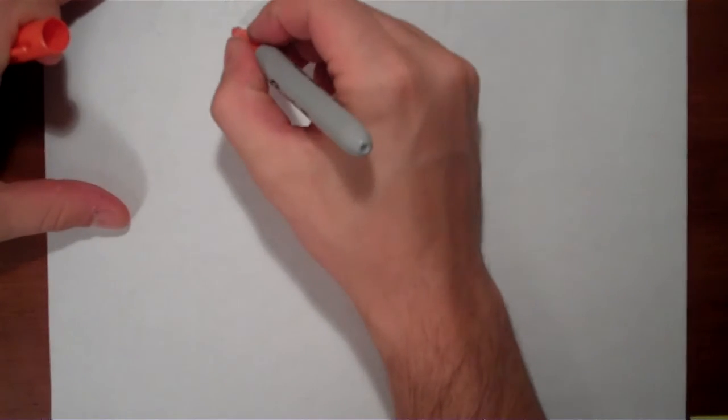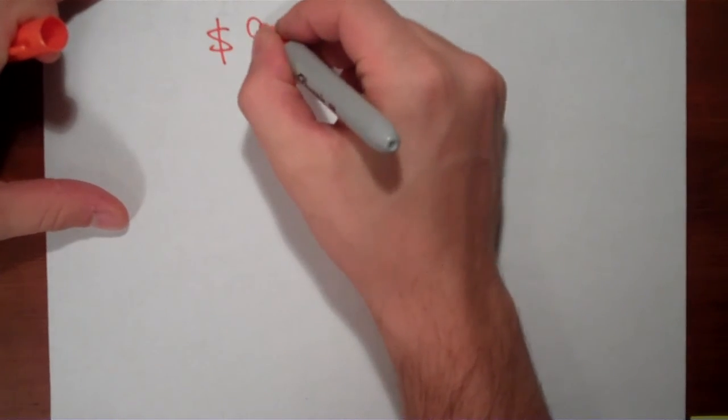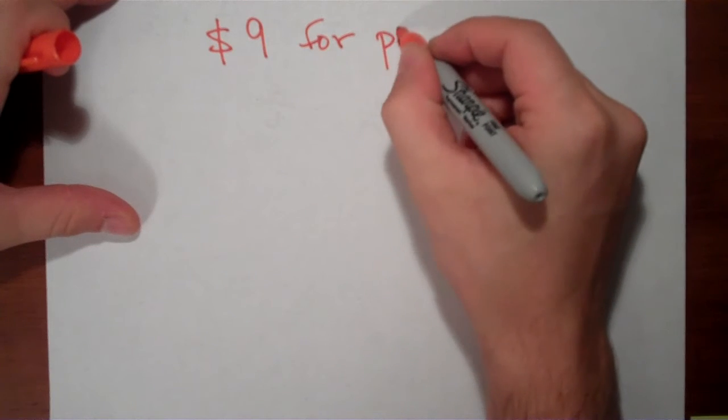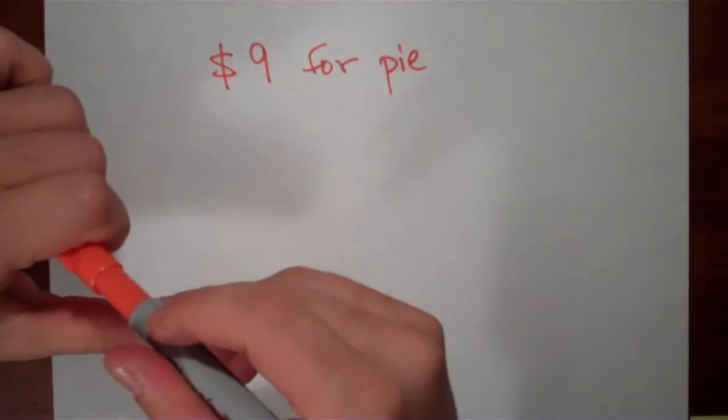Let's do one from the independent work for 2.5. Let's do this pizza one. A pizza from Pizza Hut costs $9 for the pie. Alright, so anytime you buy a pizza, you know it's going to be a minimum of $9 for the pie itself. Now, that's a pie with no toppings, right?